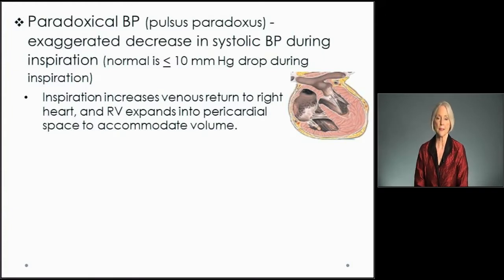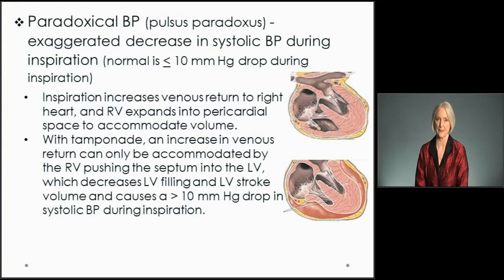But what happens with systolic blood pressure when there is anything that decreases the ability of that ventricle to expand to accommodate the blood volume is that the only way the ventricle can accommodate increased volume is to try and shove that septum between the two ventricles into the left ventricle. That further decreases left ventricular filling. And left ventricular filling is what's going to affect systolic blood pressure.